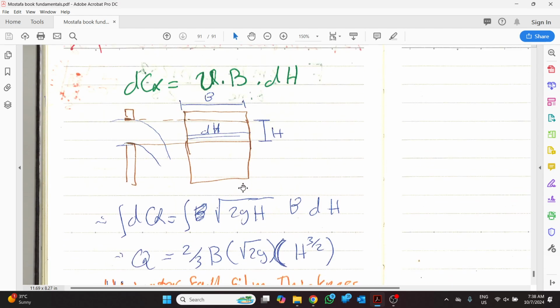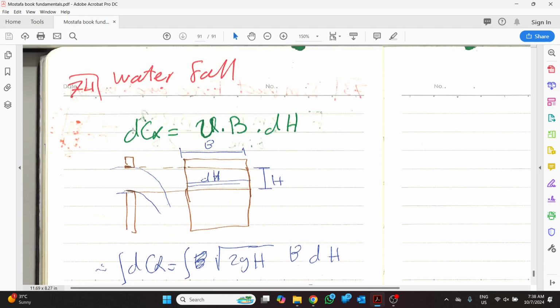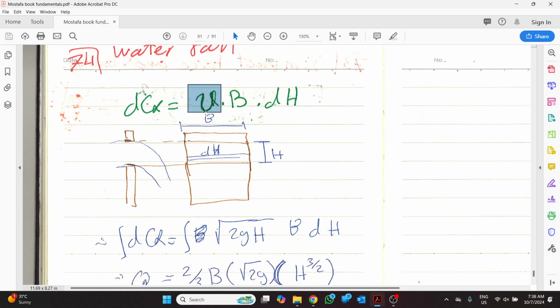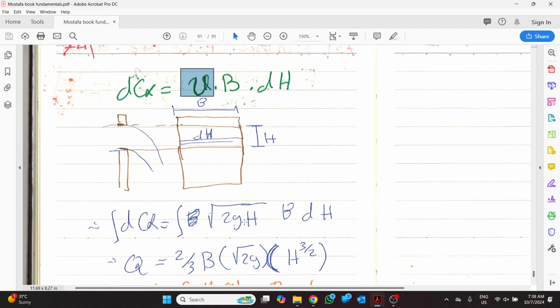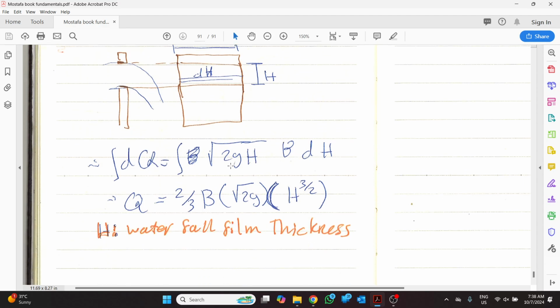Okay, so how do you calculate Q for the waterfall? For the waterfall, dQ equals velocity times area, which is velocity times b dh. Q is different because the height is different, so the velocity is different. So what is the velocity? Velocity is √(2gh) multiplied by b dh, and then make the integration.